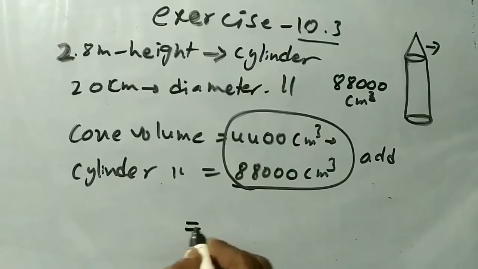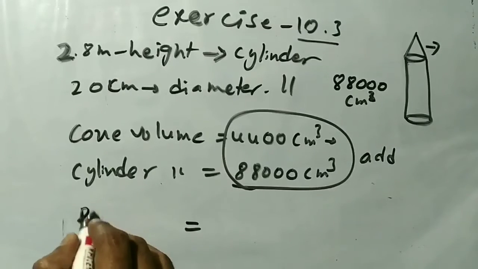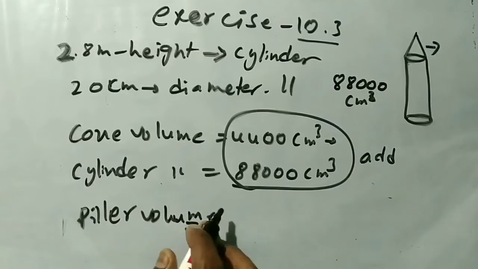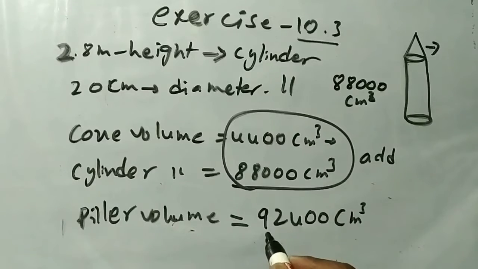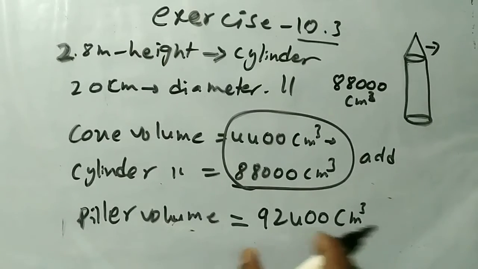If we add this, we get the volume of the pillar. Let's write, that is pillar volume. So we got 92,400 centimeter cube as the pillar volume.